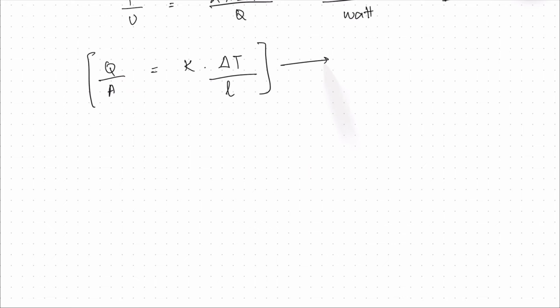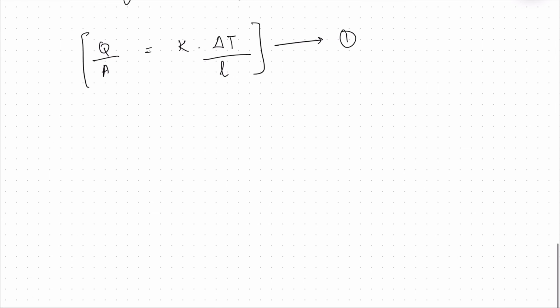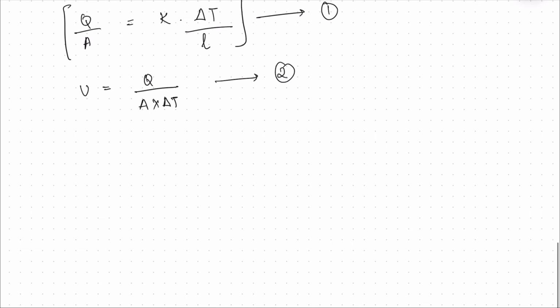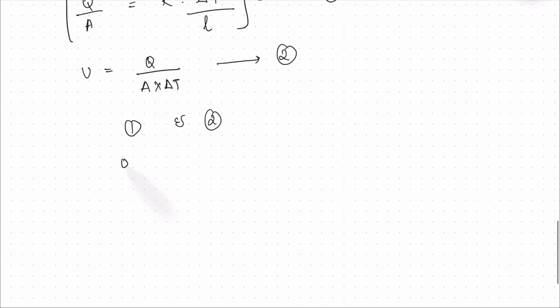And we know the U value formula is U is equal to Q by A into delta T. Let's consider these two, 1 and 2. You get Q by A into delta T is equal to K by L.